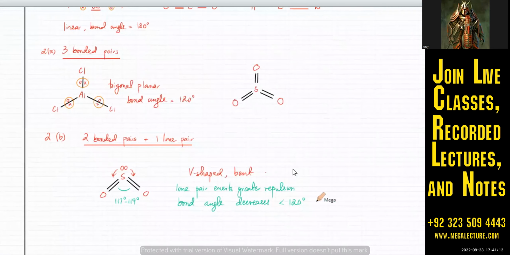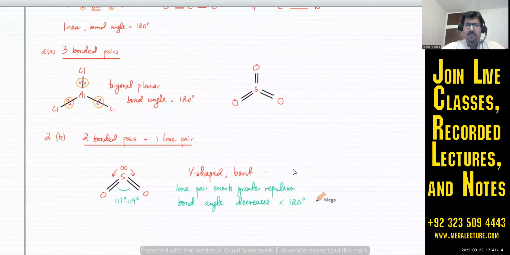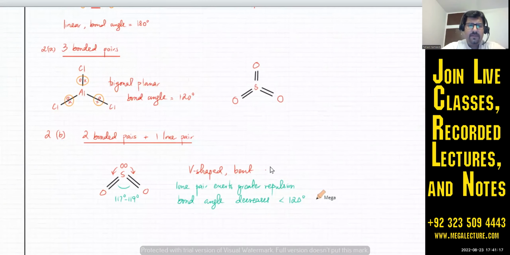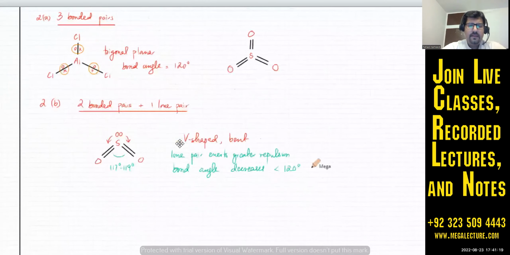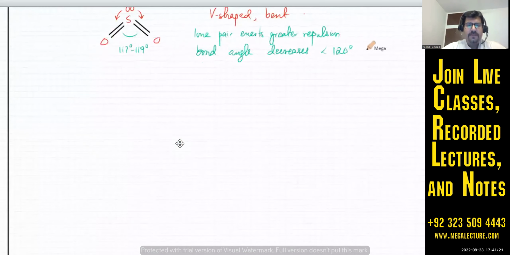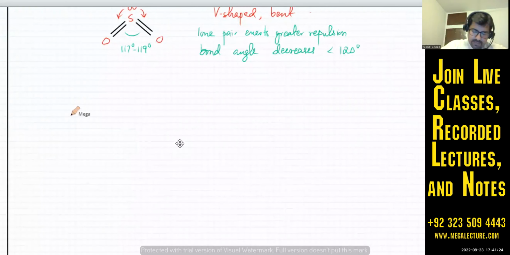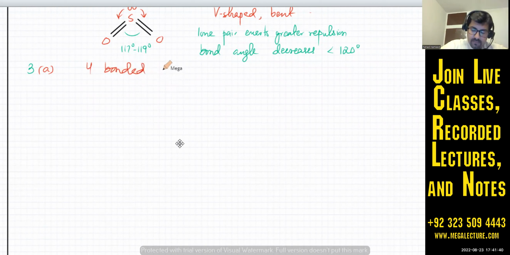जी सर. और इसी तरह तीसरे पे आ जाते हैं, the third one. What if you have 4 bonded pairs? ऐसा इसकी भी फिर different versions होंगे. So what if you have 4 bonded pairs and... एक second.